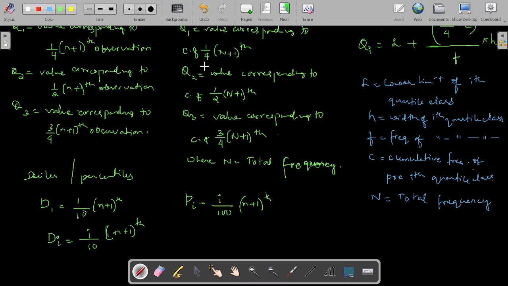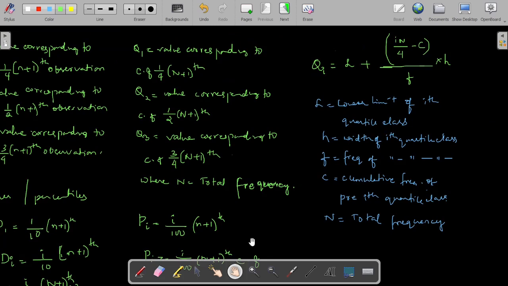And for ungrouped data with the frequencies, the same thing, but you will have capital N and i by 100 into N plus 1th observation corresponding to i by 100 into N plus 1th cumulative frequency. Similarly for Di equal to i by 10 into capital N plus 1th cumulative frequency, observation corresponding to this cumulative frequency.